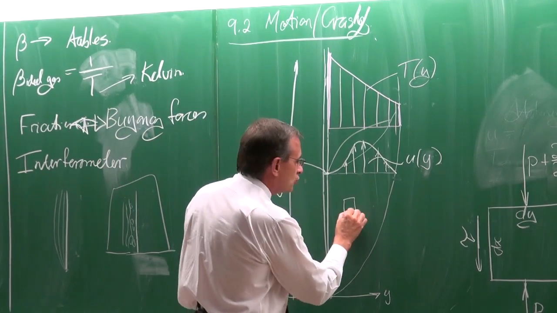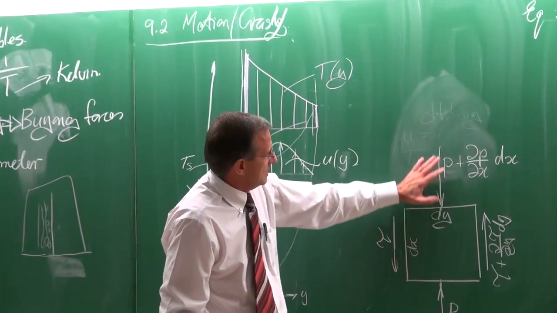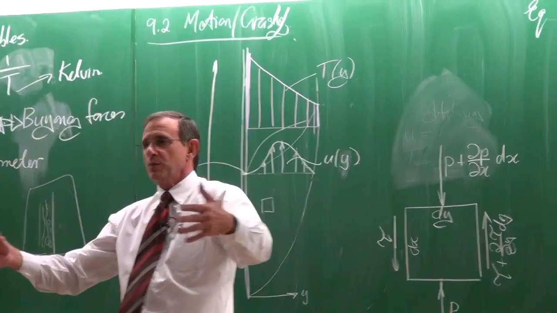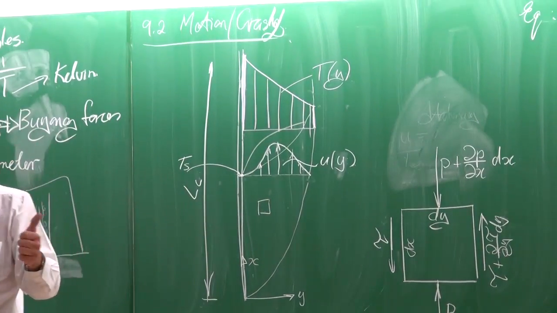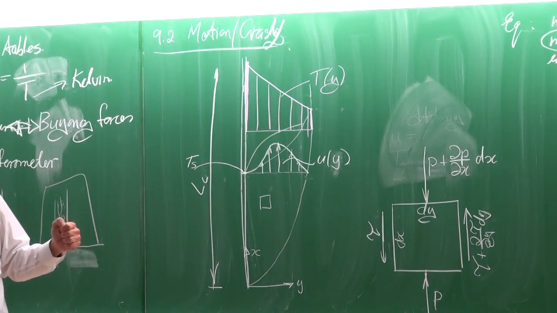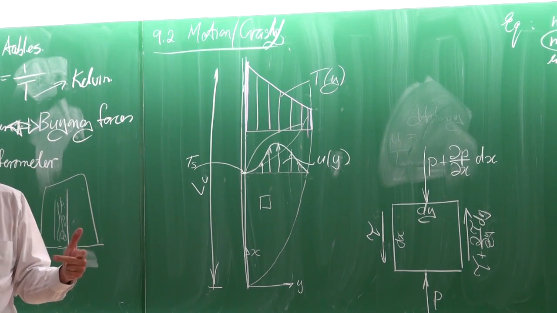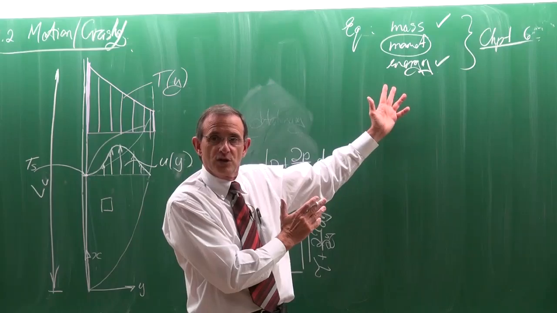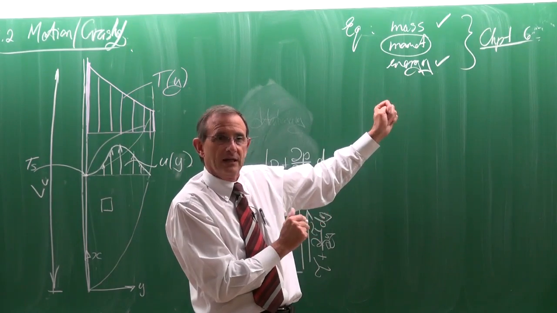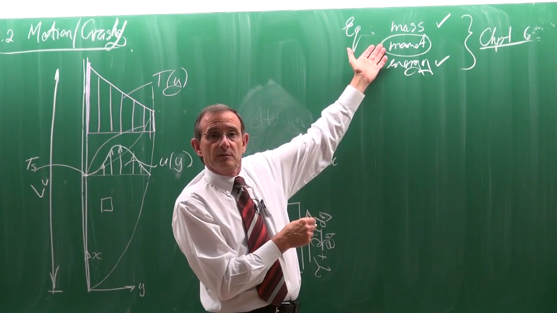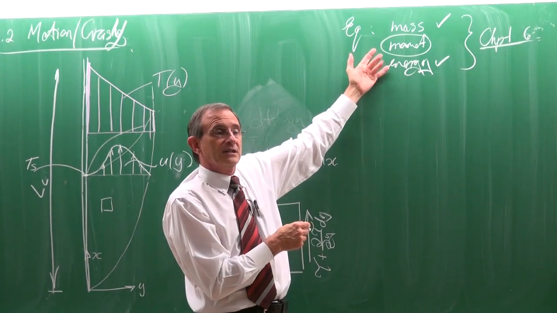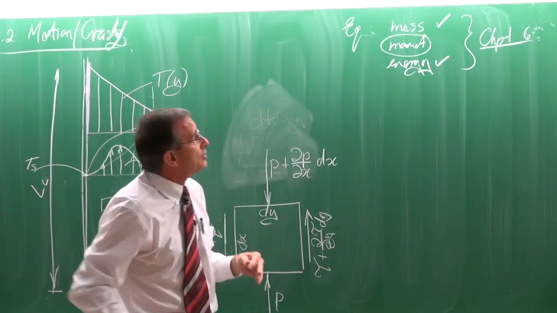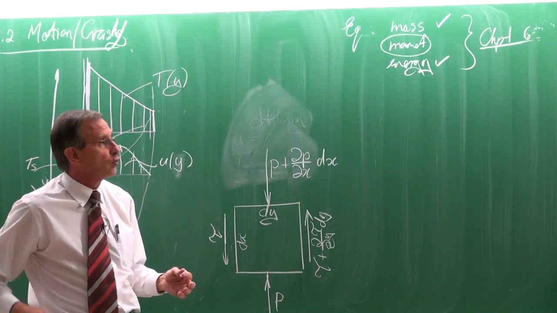Now, if we go and look at the control volume and all the forces, we can derive from first principles the equations of mass continuity, momentum, and energy. We've already done it in chapter 6. It's a lot of work to do it, so we're not going to go through it again. But in that is the momentum equation, and previously we did not take into consideration the buoyancy force.